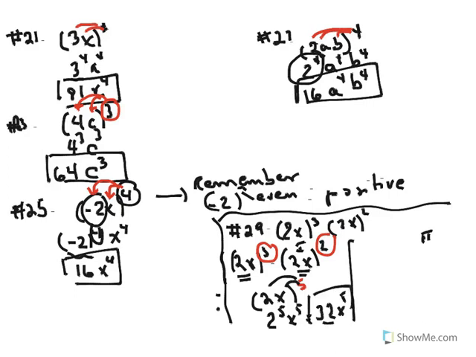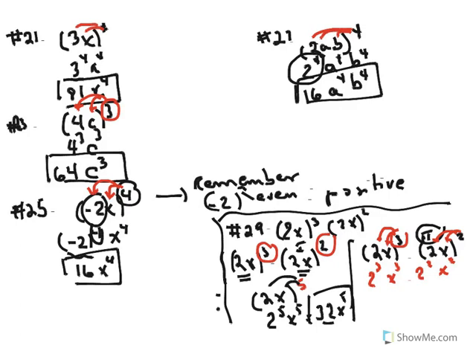Another way I can do this, that's the second way, is by doing the distributive property right away. So I'm going to write the problem again so you can see. Okay, so here we go, 2x to the 3rd times 2x to the 2nd. Okay, I'm going to distribute this power, this exponent, in the factors. So I have 2 to the 3rd, x to the 3rd, times 2 to the 2nd, x to the 2nd.